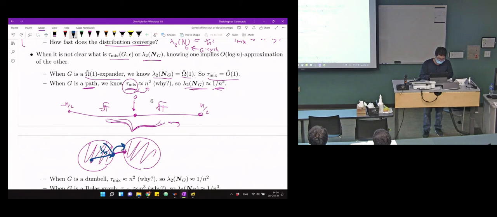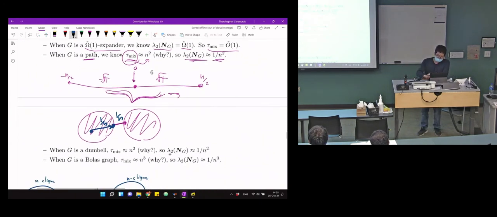So just to cross, this happens with probability 1 over n squared. And just by knowing this, you can bound the second eigenvalue too.